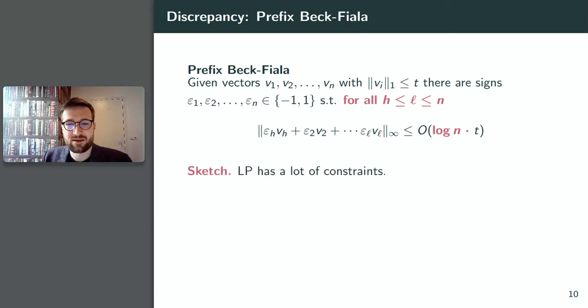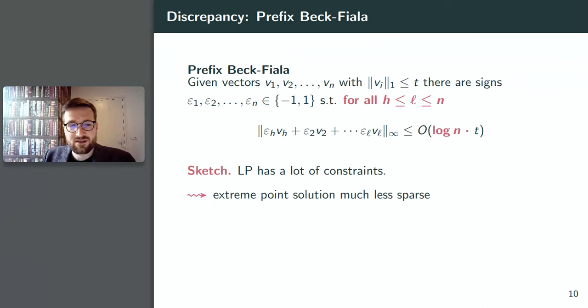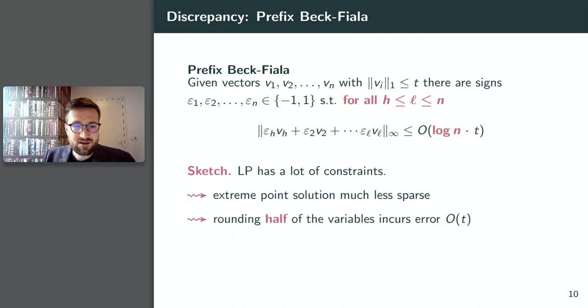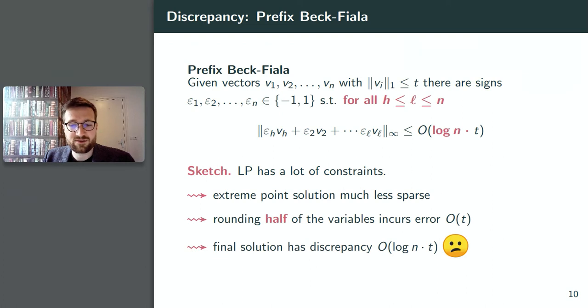You set up an LP which has constraints for all intervals, so this is a lot more constraints than we had before, which leads to an extreme point solution that is not as sparse as before, but we still manage to round half of the variables at an error of order t, and we repeat this log n times so that all variables, or all signs, are -1 or 1, and this leads to a discrepancy in the end of order log n times t.